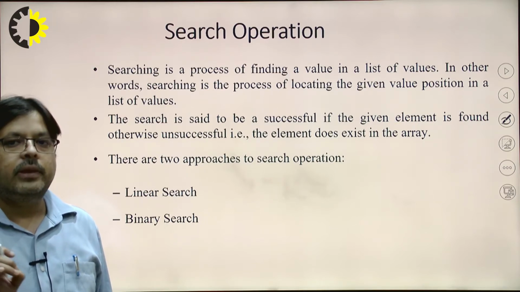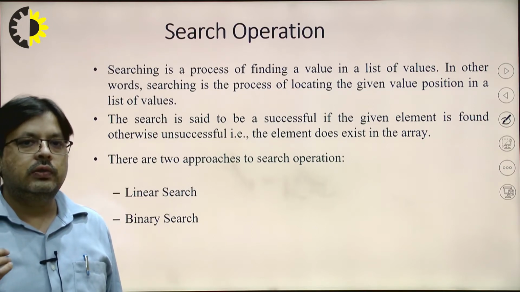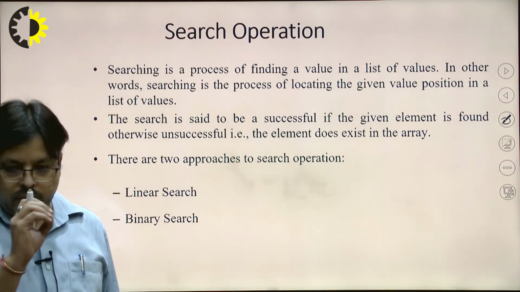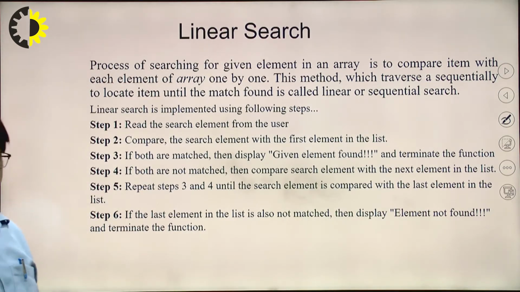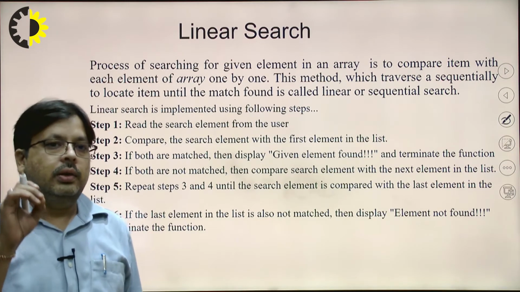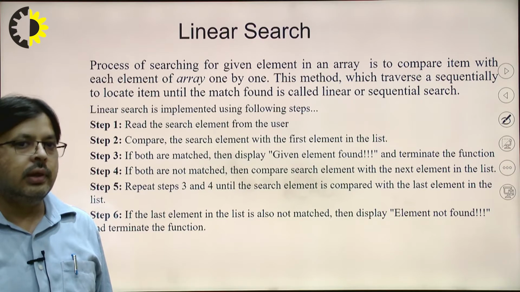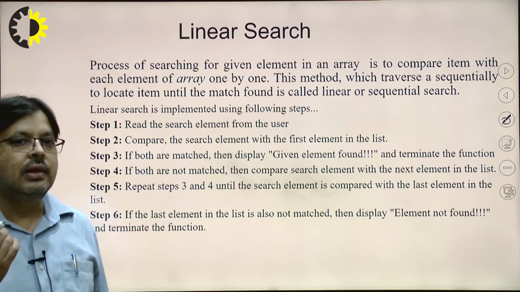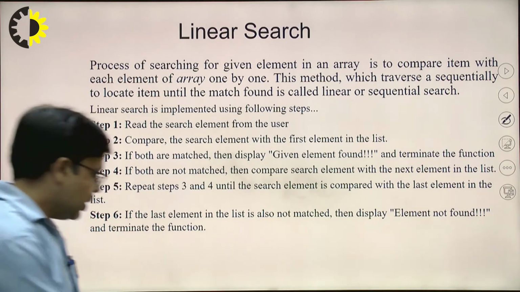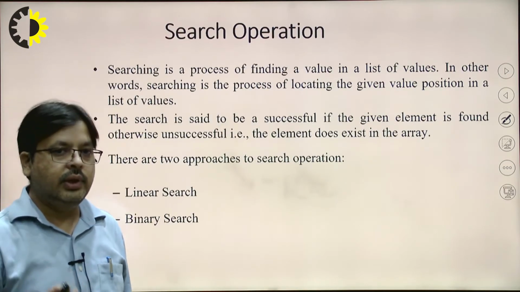We keep trying to find our desired element, and if the desired element is found in the given list, then we call the searching successful; otherwise we call the searching unsuccessful, if we scan the whole list and are not able to find the particular element.